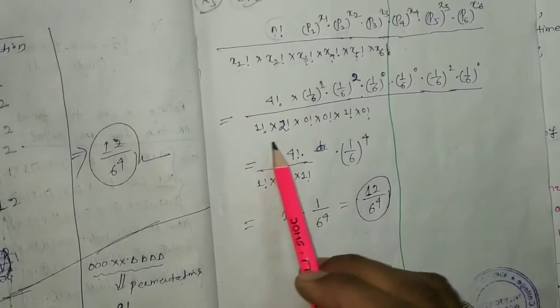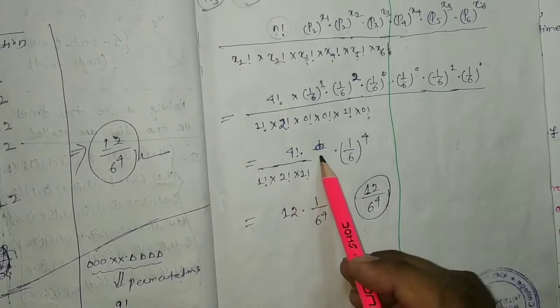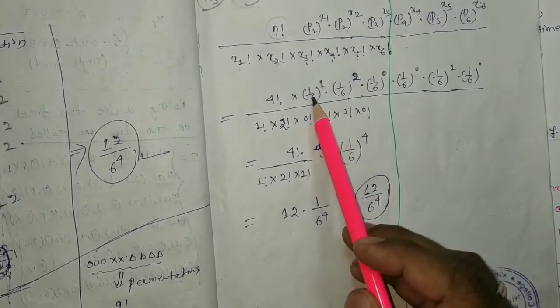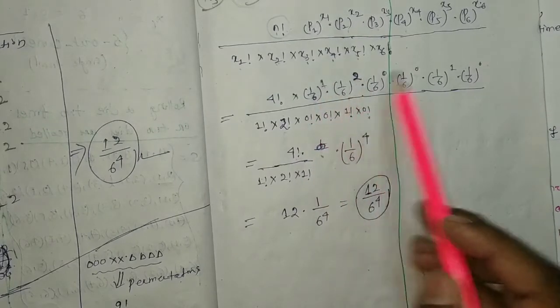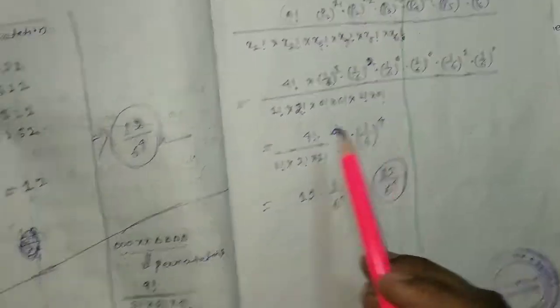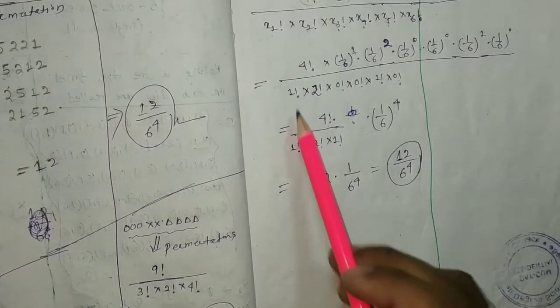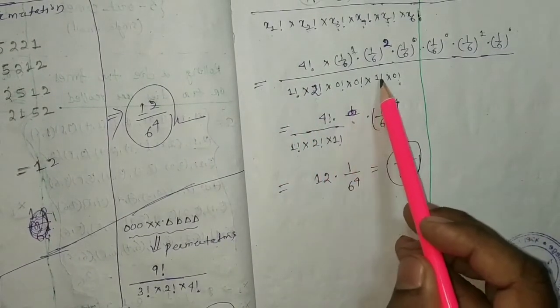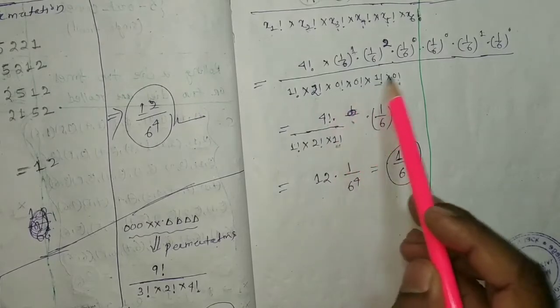So we found that 4 factorial into 1 by 6 to the power 1, 1 by 6 to the power 2, 1 by 6 to the power 1, that will be 1 by 6 to the power 4. 4 factorial whole divided by 1 factorial, 2 factorial, and 1 factorial, and 0 factorial will be 1.